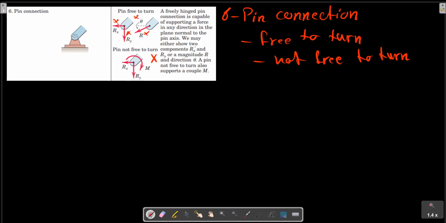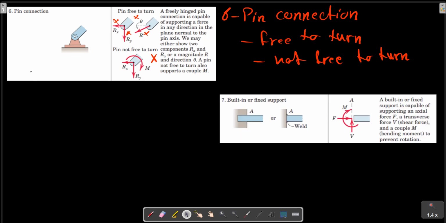The next example is the built-in or fixed support. Example 7 shows the built-in or fixed support.